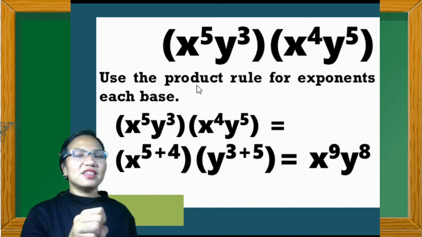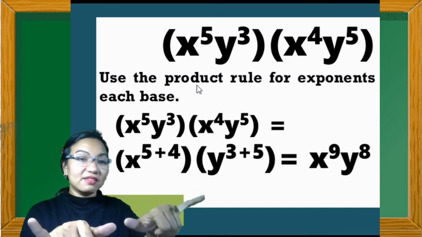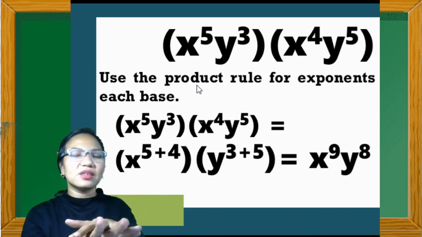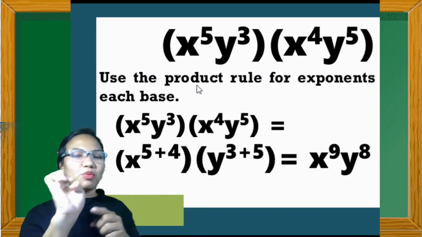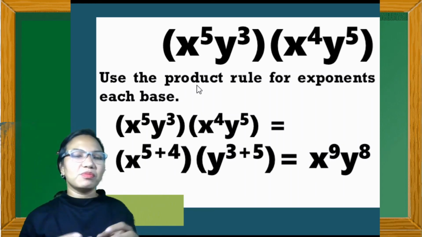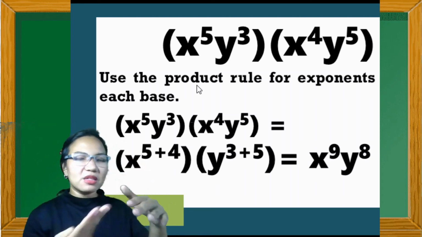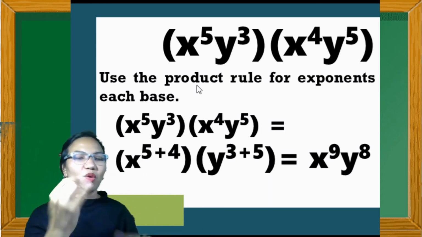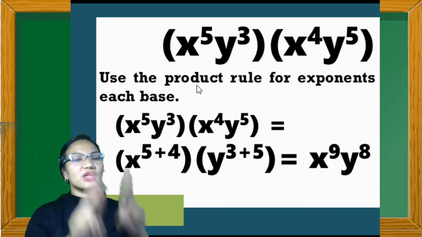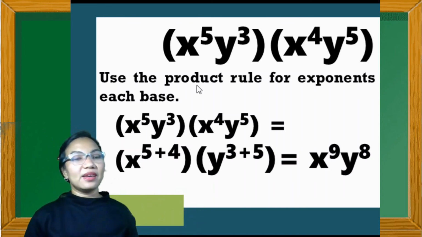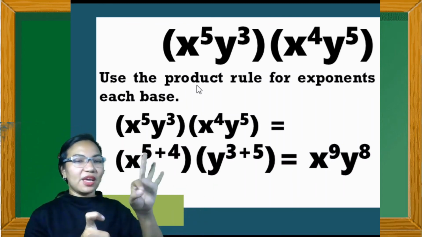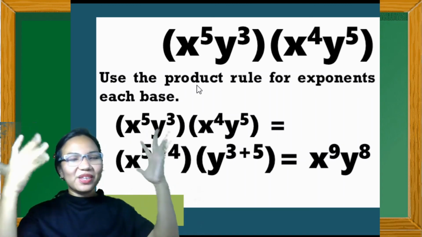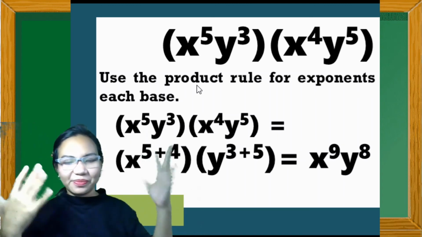The base just stayed, and then we combine all the exponents for the x base and all the exponents for the y base. So the resulting expression is x to the 9th power, y to the 8th power. Wow, we have learned more.